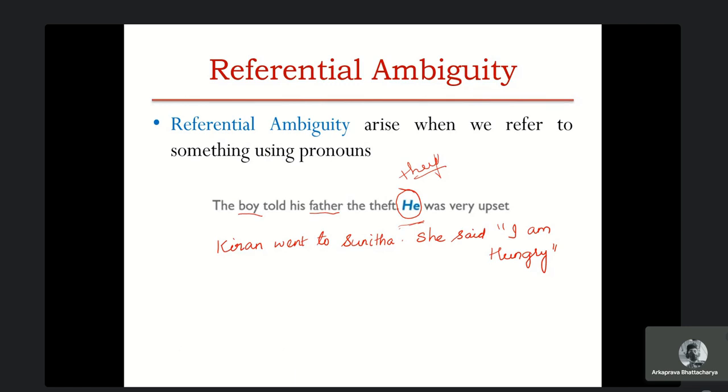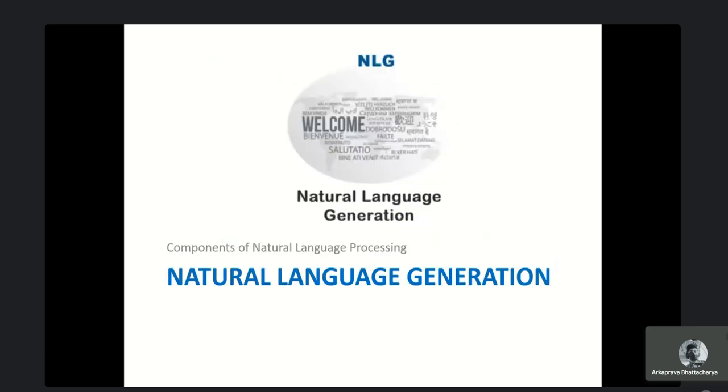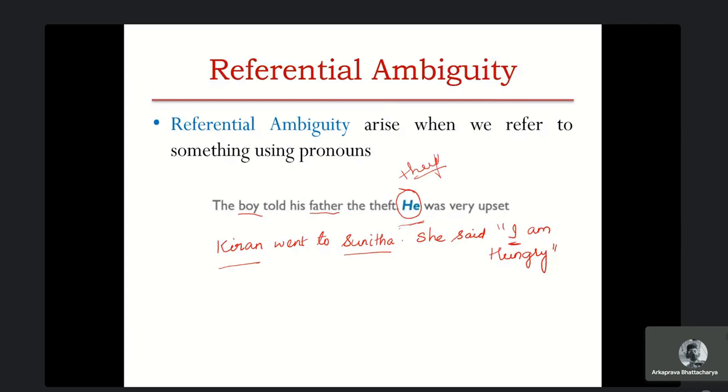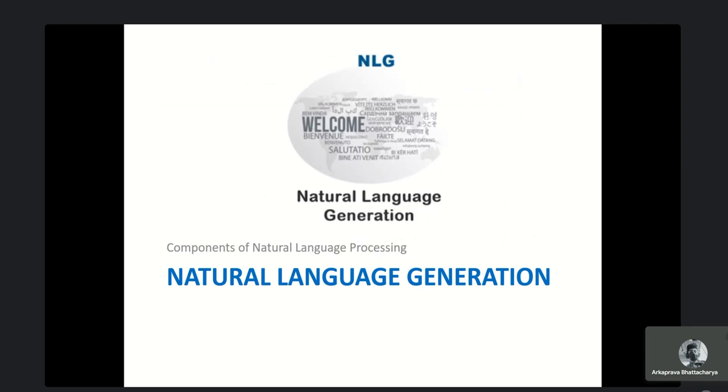Now, how can we interpret this? Which one is ambiguous here? Referential, right? The I. Who is I here? Is it Sunita? Is it Kiran? Or is it any other person? So this is what we call referential ambiguity. They arise when we refer to something with pronouns. Apart from this, there are many other ambiguities which arise while we are performing natural language understanding. So you can think how tough natural language understanding is.